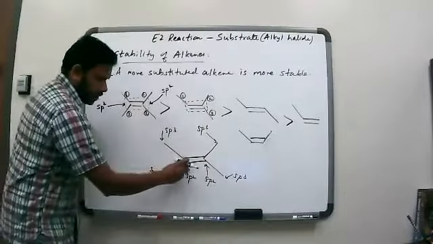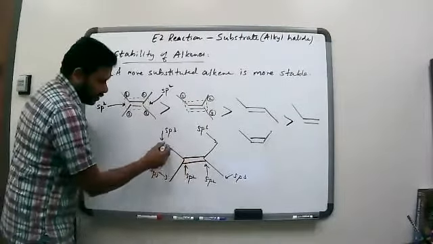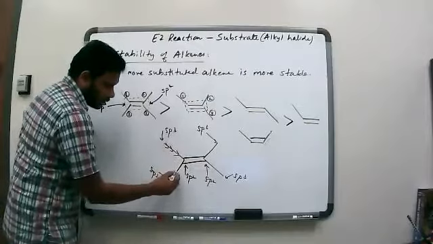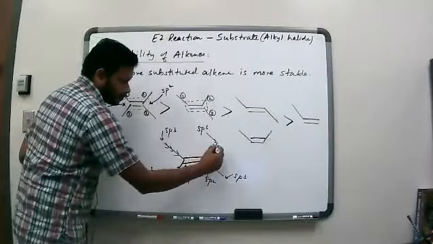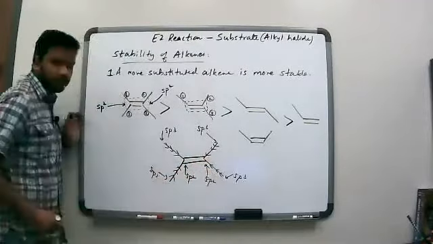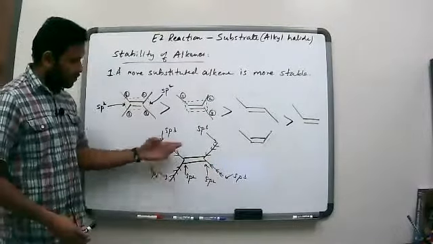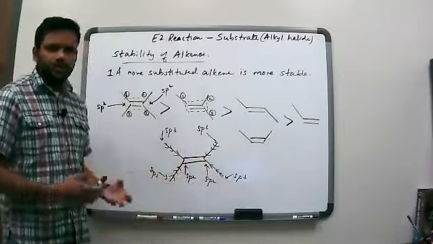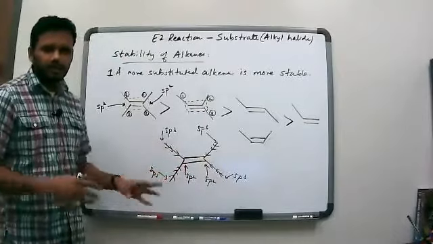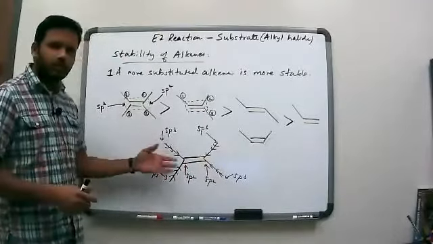Because the sp2 carbons are more electronegative, they pull electron density from the neighboring carbons. If there are more carbons to supply electron density, that makes these sp2 carbons feel a little bit more stable. That's a very hand-wavy, crude way of discussing this.